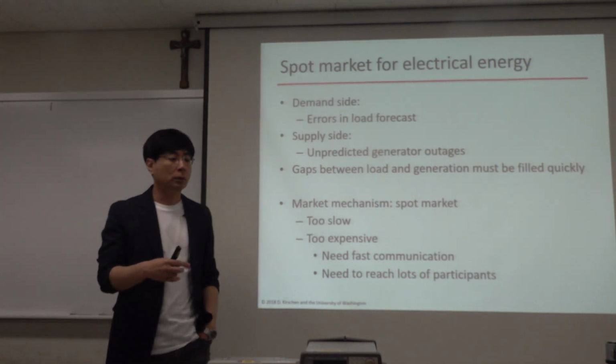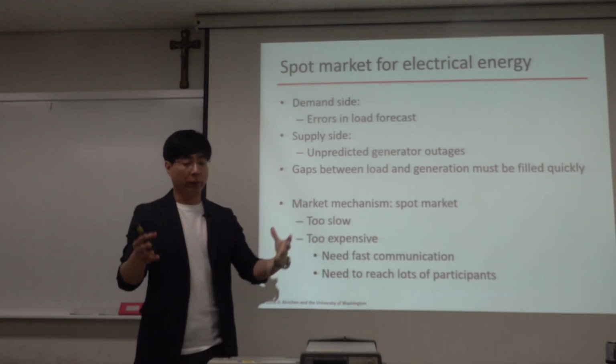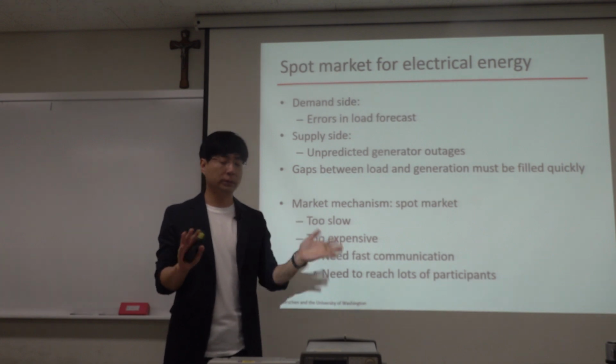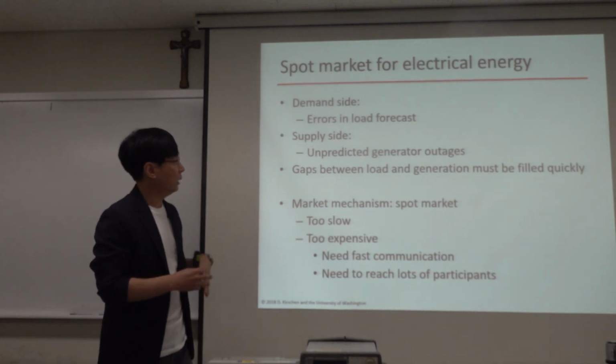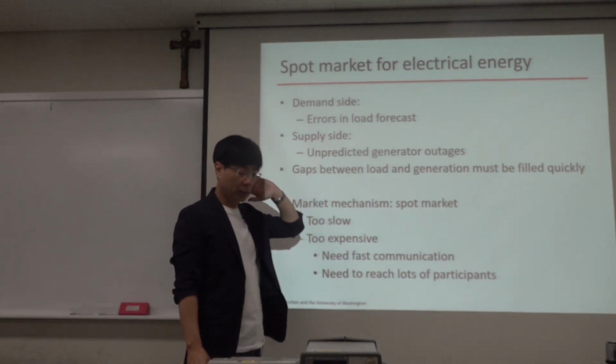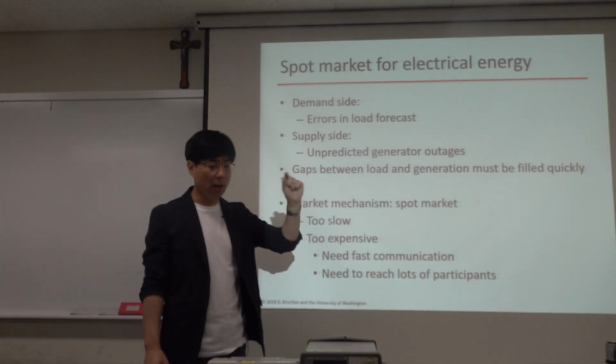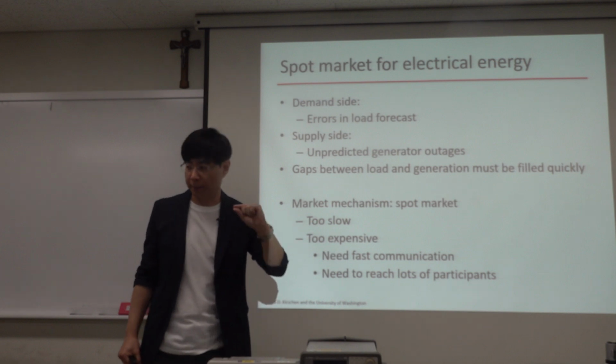Of course, when we aggregate all the loads in Korea, for example, the error percentage is just 2% or something like that. But anyway, there is a load forecasting error, and the mismatch can be compensated at the spot market.